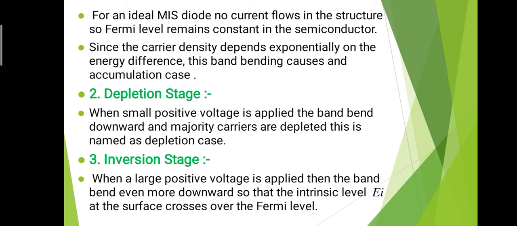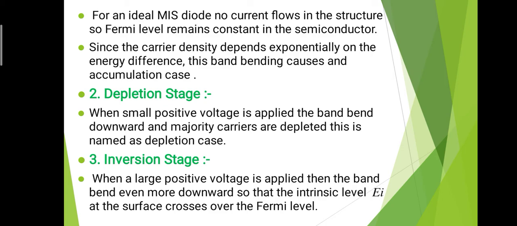Third stage is the inversion stage. Actually in this stage there is an inversion process, so the name indicates the inversion stage. When a large positive voltage is applied, the band bends even more downward so that the intrinsic level EI at the surface crosses over the Fermi level.